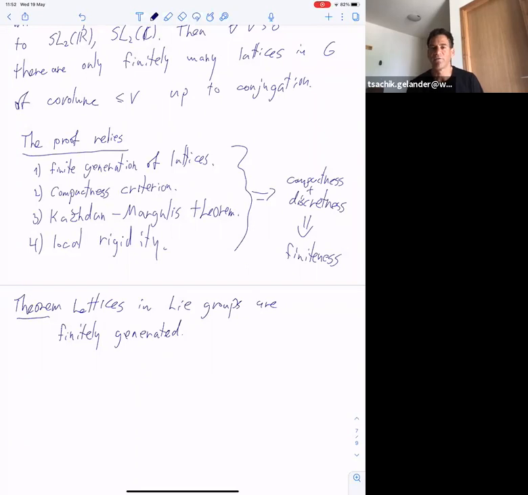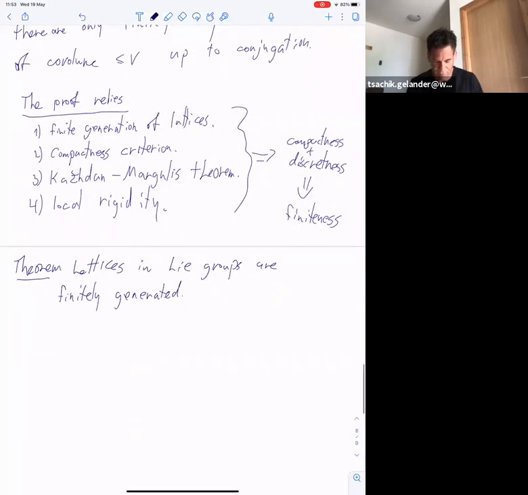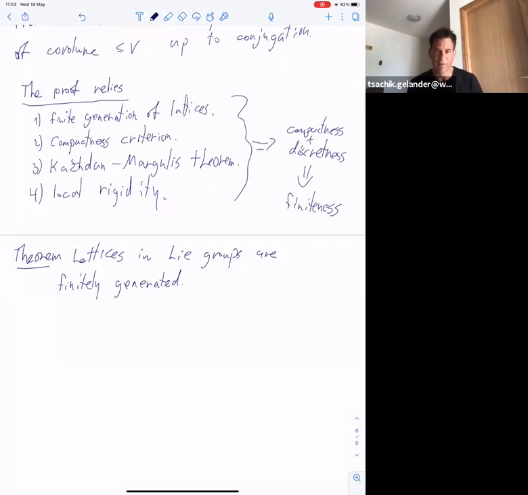And in rank 1, it was proved by Garland-Raghunathan, in the paper about lattices in rank 1 that I mentioned earlier. I wrote a geometric proof of that based on Gromov's idea, but it is well known, and we will use it.